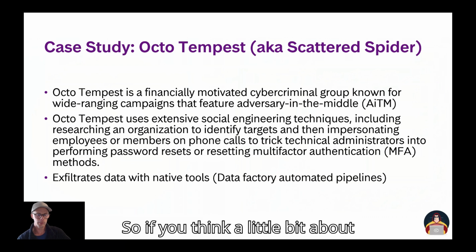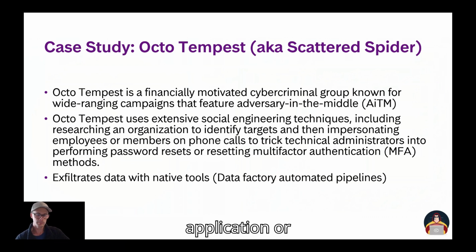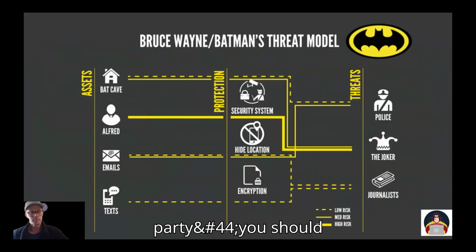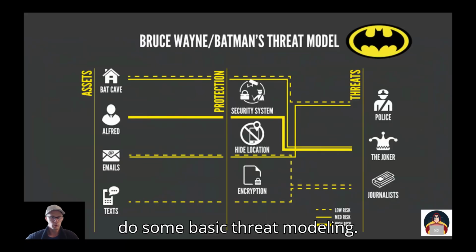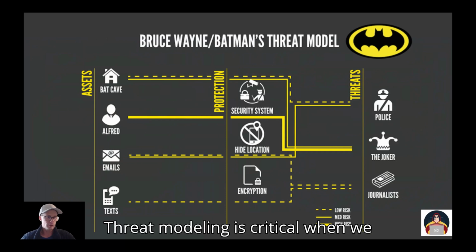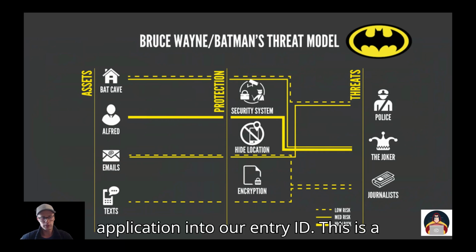If we think a little bit about this, when you're creating an application or accepting an application from a third party, you should do some basic threat modeling. Threat modeling is critical when we deploy an application or accept an application into our Entra ID.